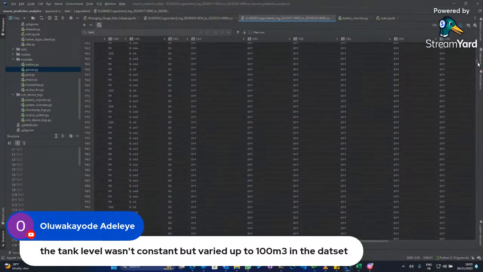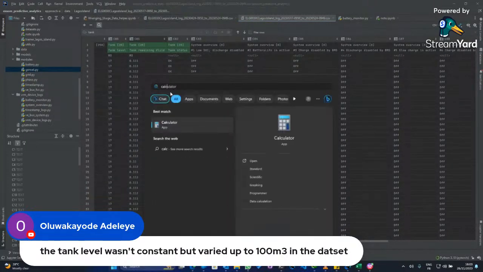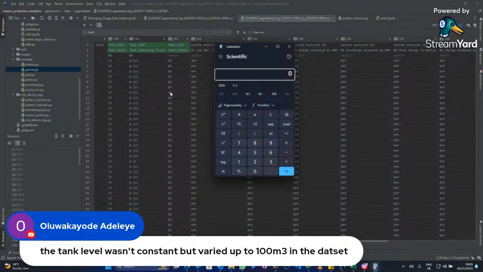I think we can even do that calculation together. We saw that when the tank is at 100, the maximum capacity is 0.65. So normally when it's 17, it should be 17%, 17 divided by 100. It should be 0.011.